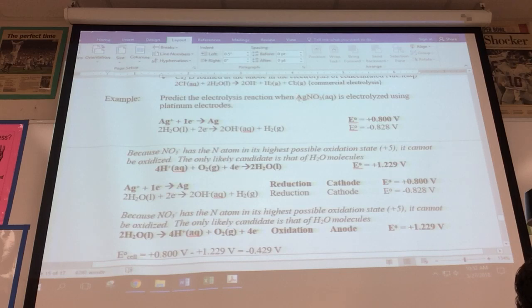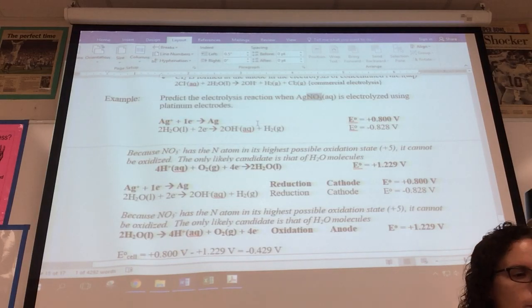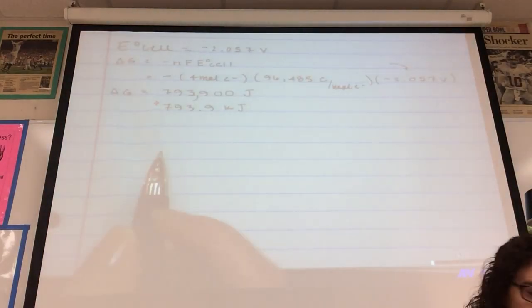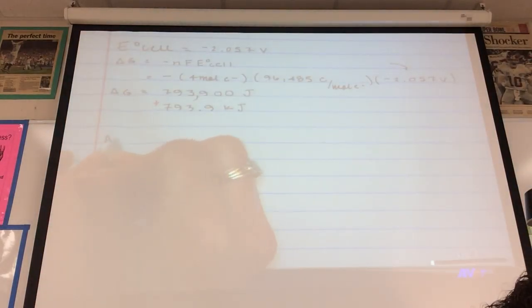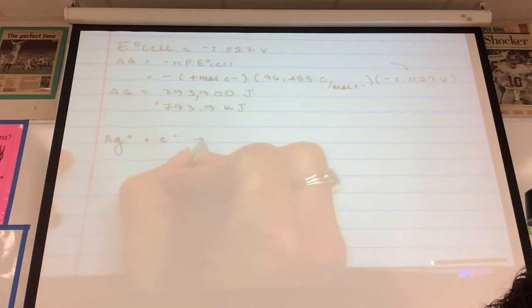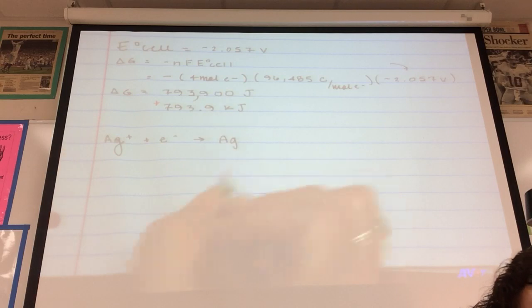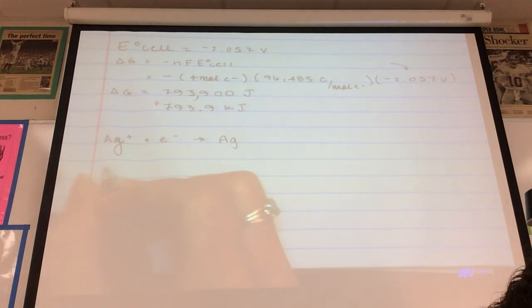So again, silver ion, shown right here. The nitrate ion is the tricky part. You know that you need silver ions, so this has to be the reduction reaction at the cathode.